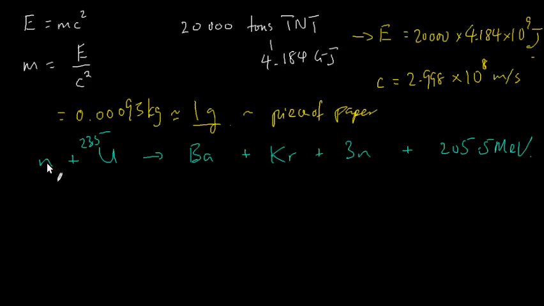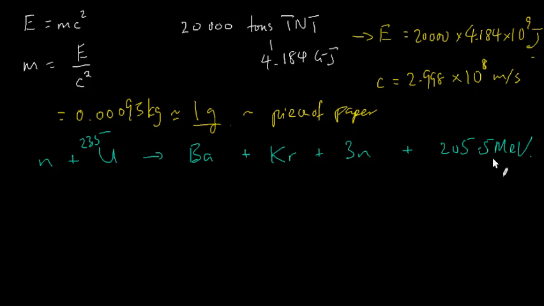So this equation tells us that the fission of 1 uranium atom produces this amount of energy. So the question is, if this amount of energy is produced, what's the mass of uranium that fissioned?